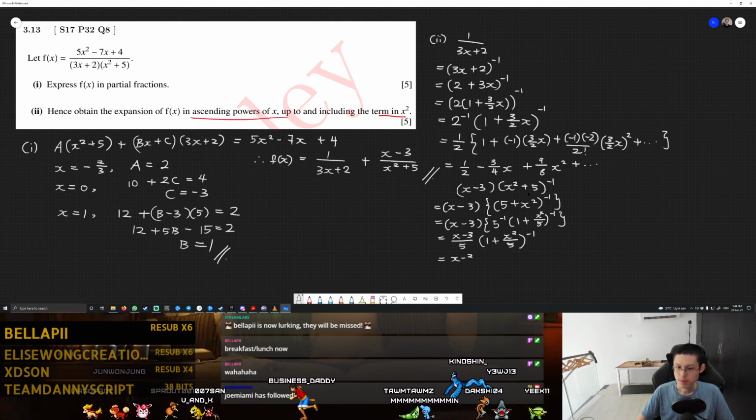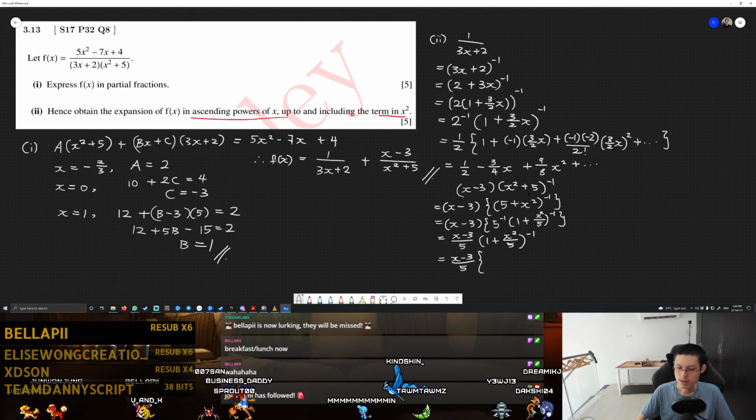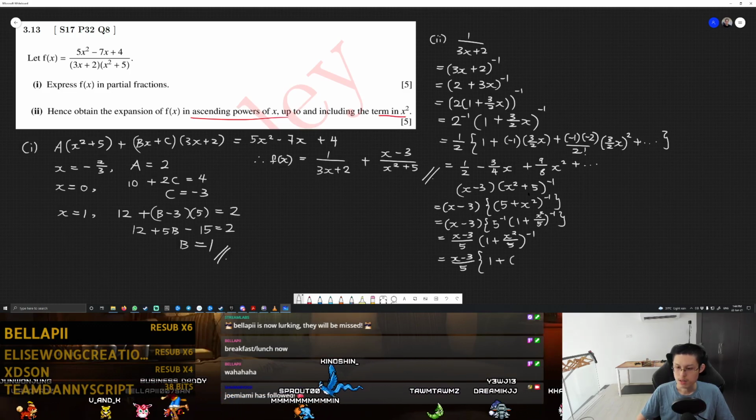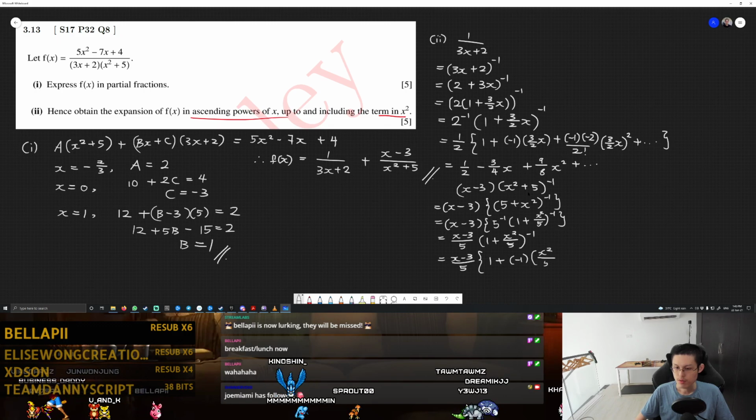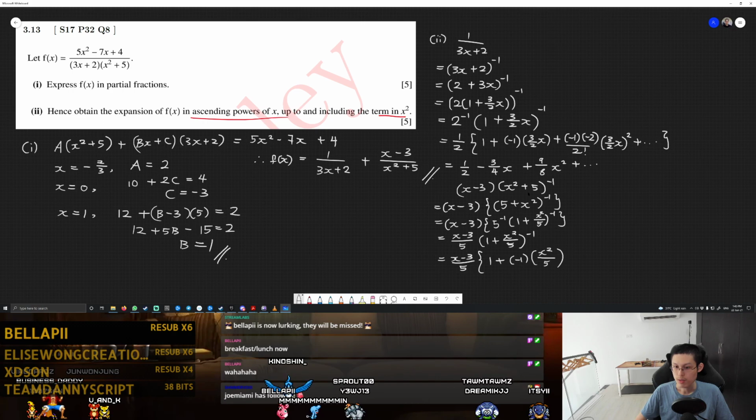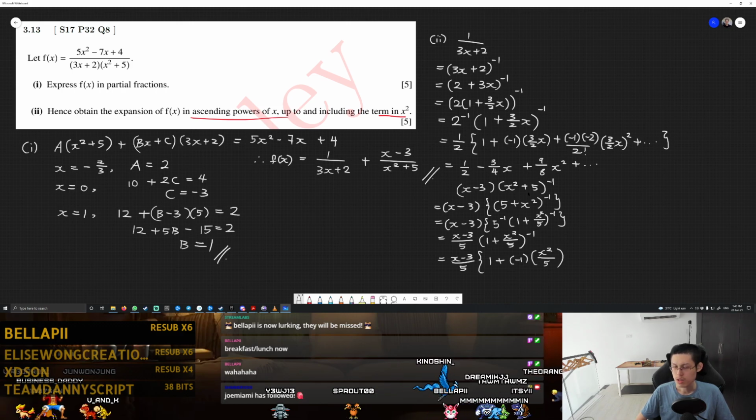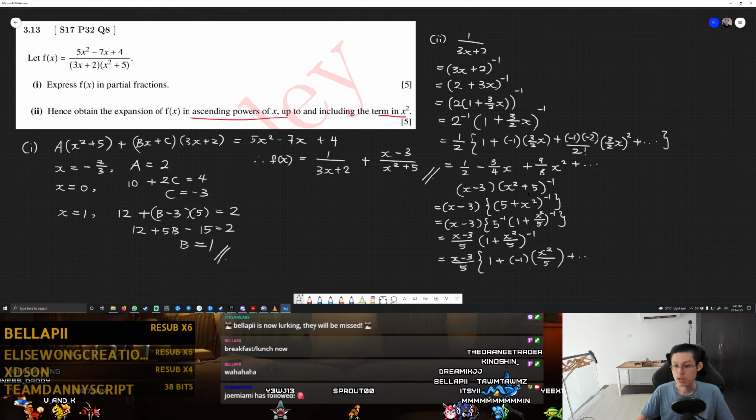Now we're going to expand this guy and see what we get. We have 1 plus negative 1 times x squared over 5 to the power of 1. And then the next one is going to give us x to the power of 4, so we don't care about that, which means we just ignore it.